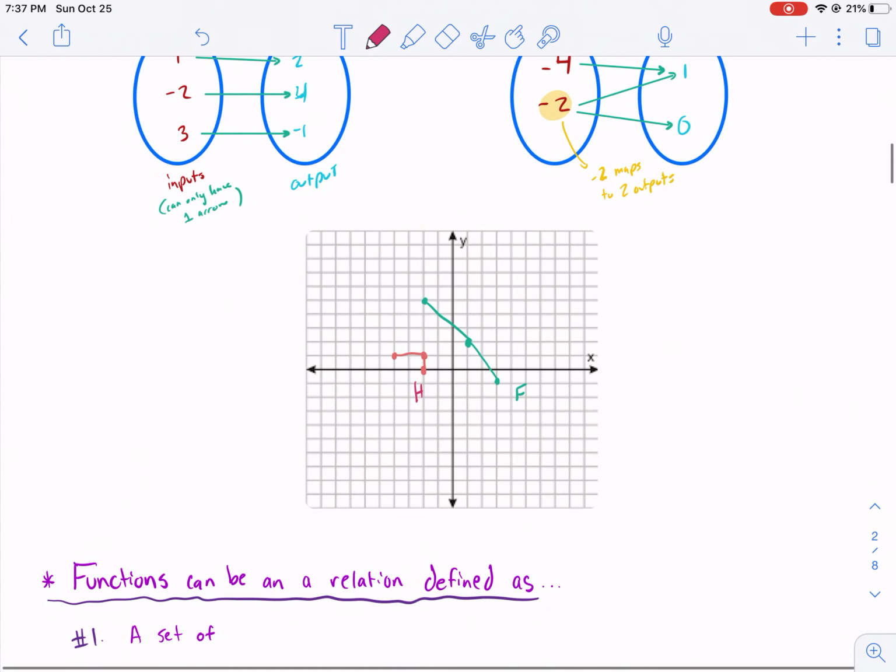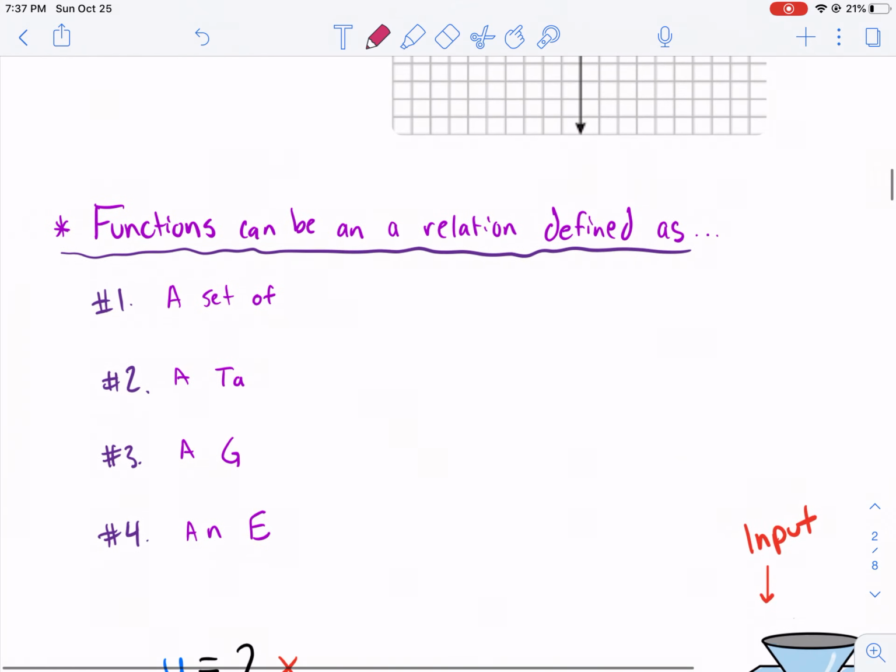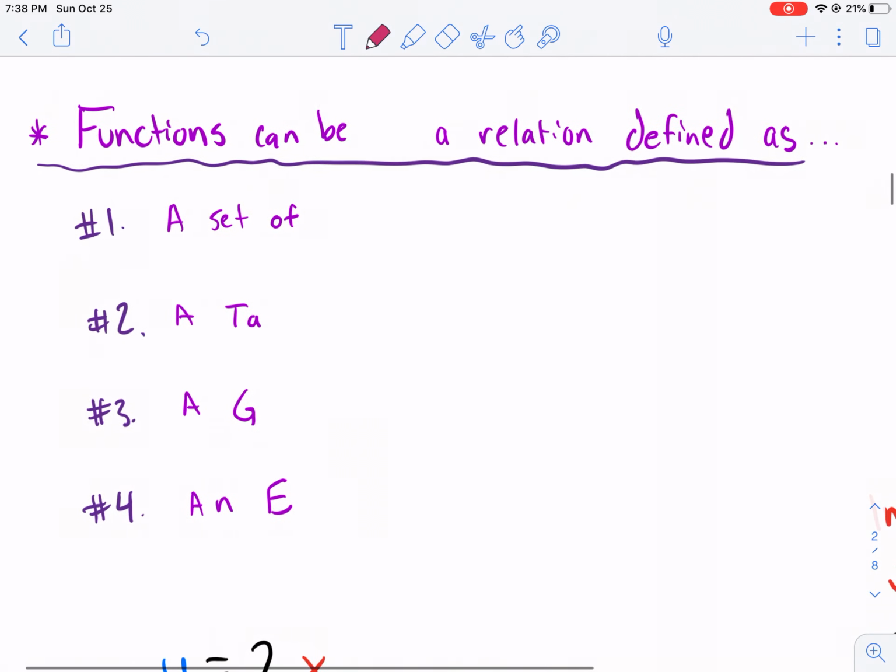Okay, moving on. We're going to come back to this, promise. Functions can be a relation defined as a set of ordered pairs.